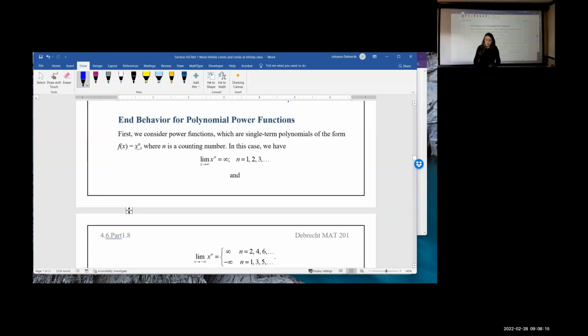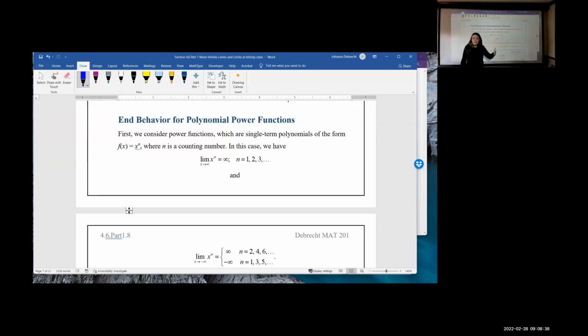We want to talk about end behavior for polynomial functions. We'll start with the polynomial power functions. Polynomial power functions are single-term polynomials that have real coefficients and a whole number for the power. So it could be 0, 1, 2, 3, et cetera, except we usually start with 1.